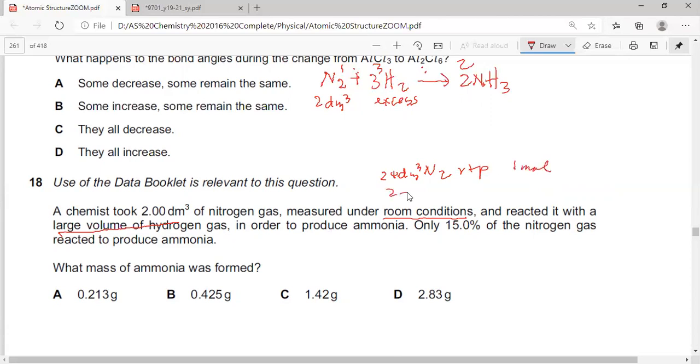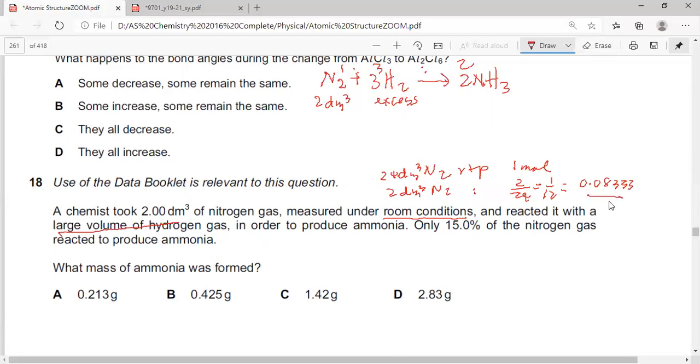So 2 dm cubed, how many moles? Very simple: 2 over 24, which equals 1 over 12, which equals 0.08333, and so on.